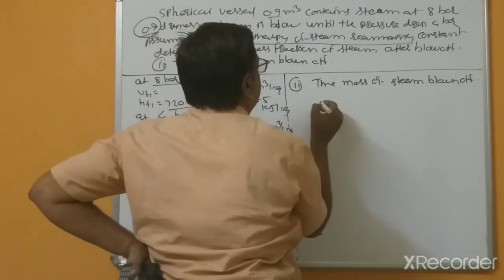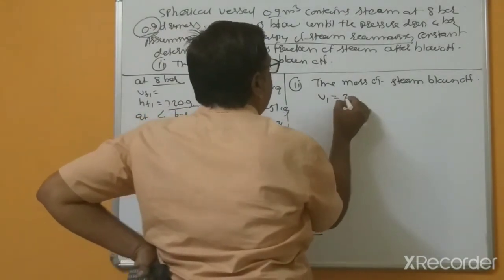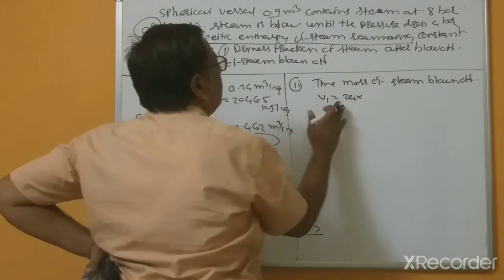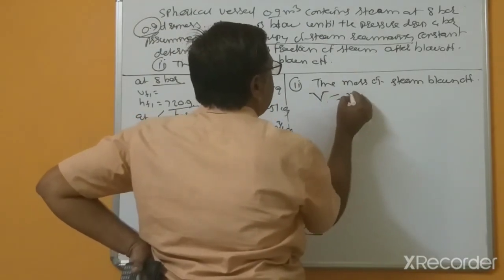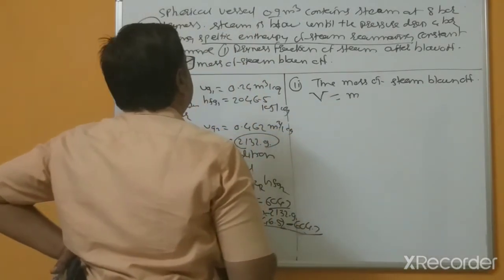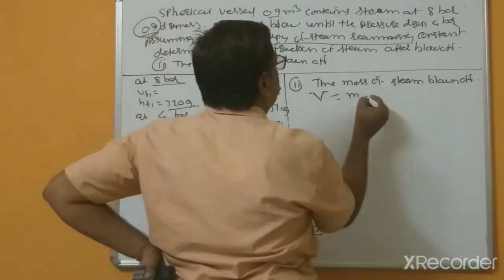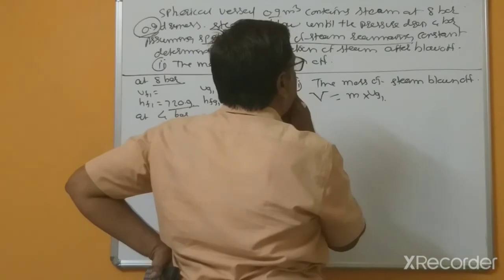So V1 equals x1 into, capital V1, equal to total mass into vg1.